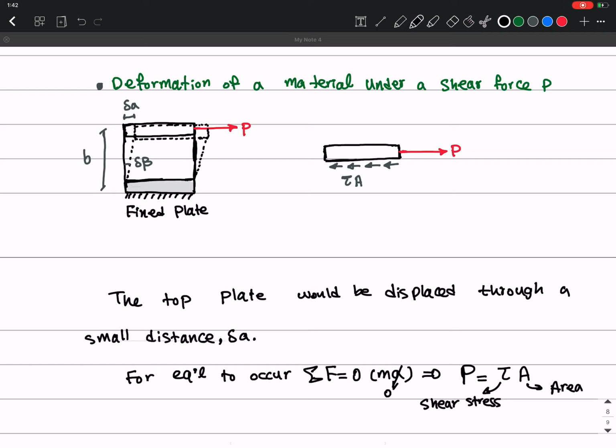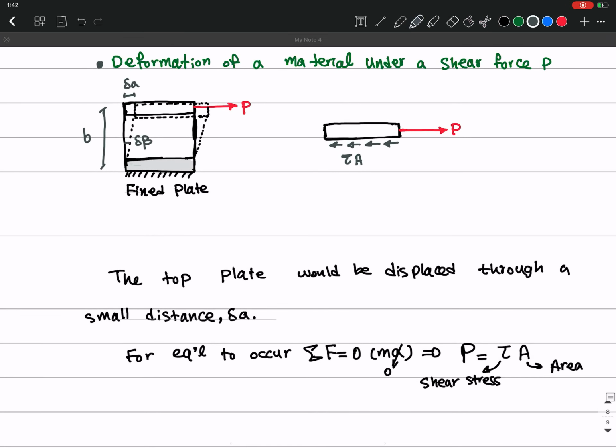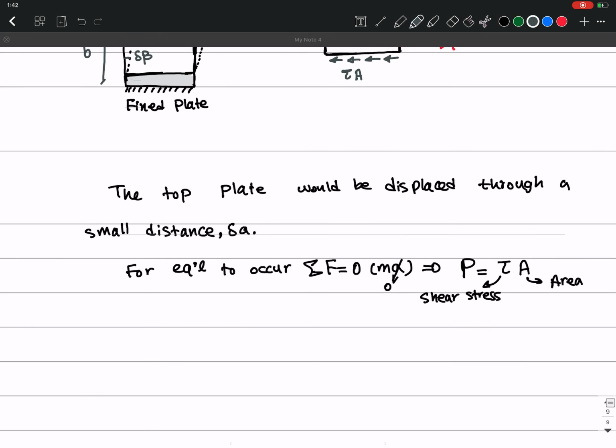Okay, but what about deformation of a fluid under the same shear force? And that is where we're going to define viscosity. So let's see how that will be.